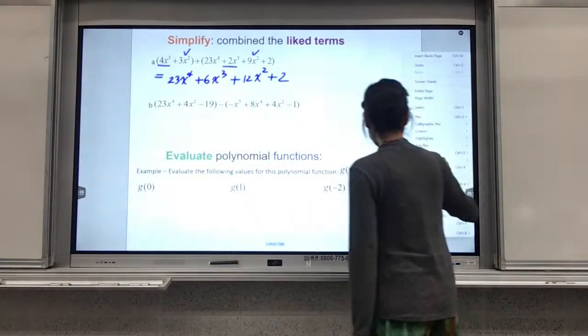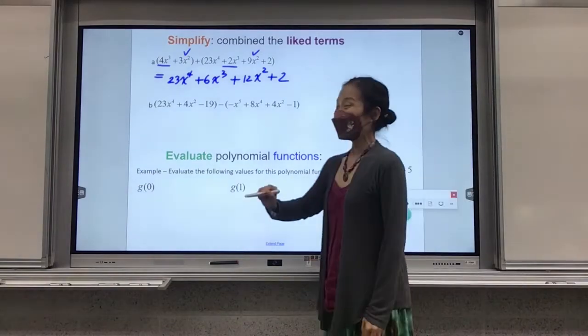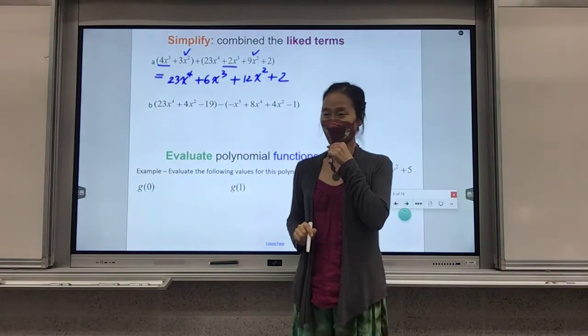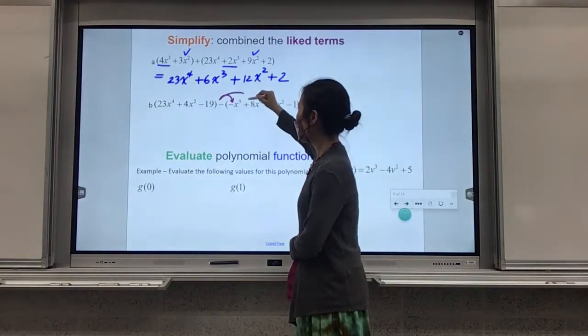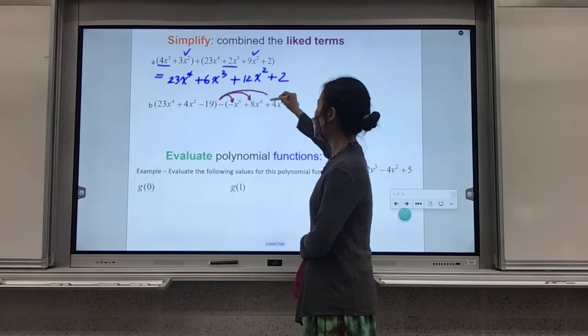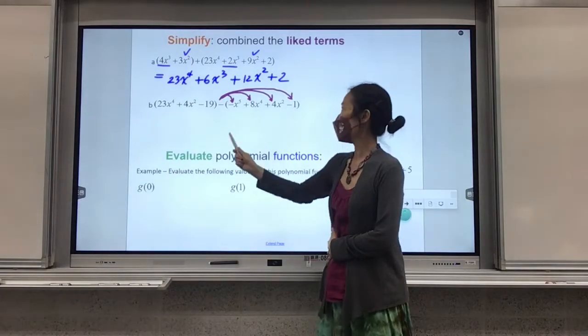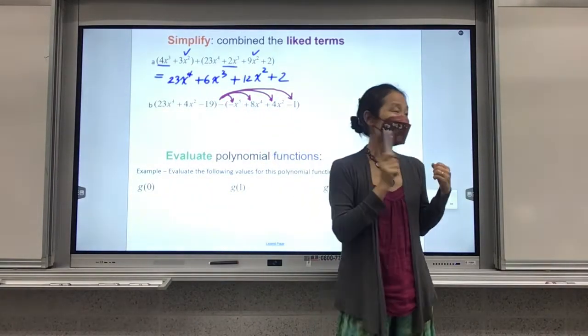Believe it or not, up till now, in honors Algebra 2, you're still making the mistake of not distributing that negative to every single term. A lot of students just say, oh, this is plus x to the power 5 and then plus, you're not changing the sign.